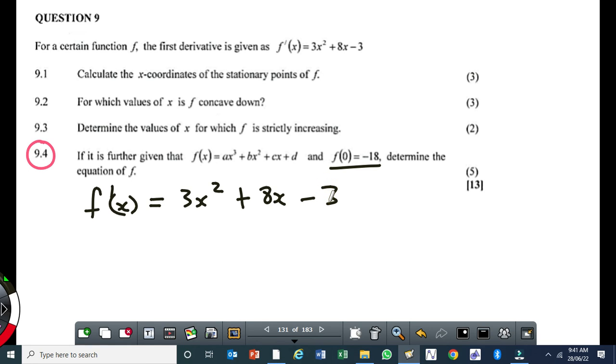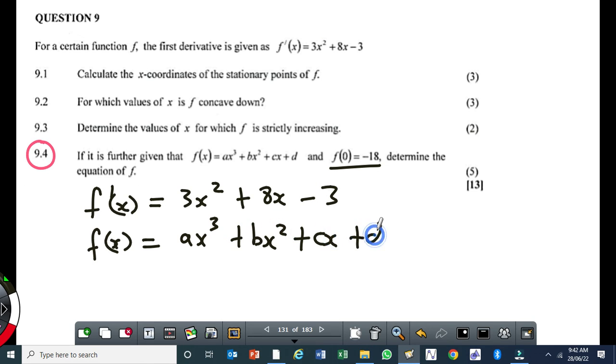How many of you have ever heard the method called comparing coefficients? This year, the way in which I taught how to solve cubic equations was slightly different from the past years, but there's also another method where you compare coefficients. Okay, I'll show you how it's done. The first derivative is that, but our given equation for f of x is ax cubed plus bx squared plus cx plus d.